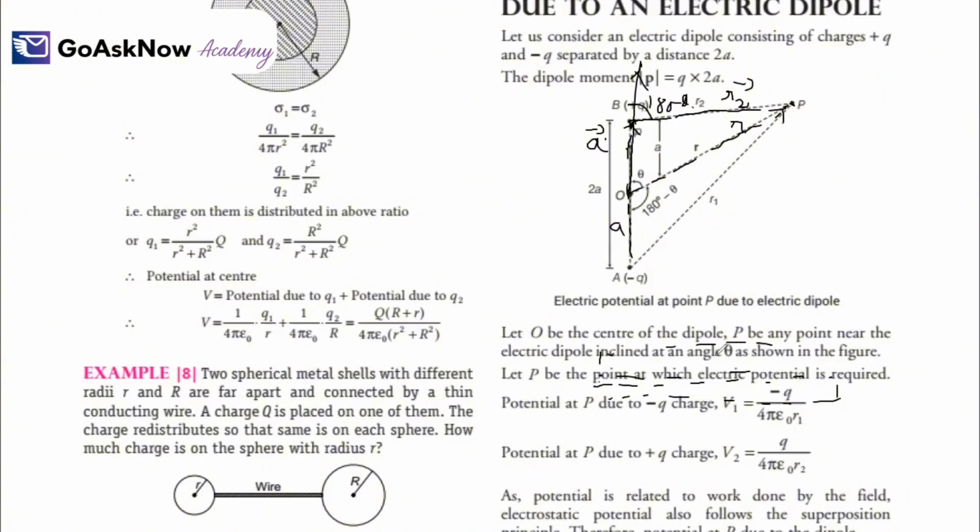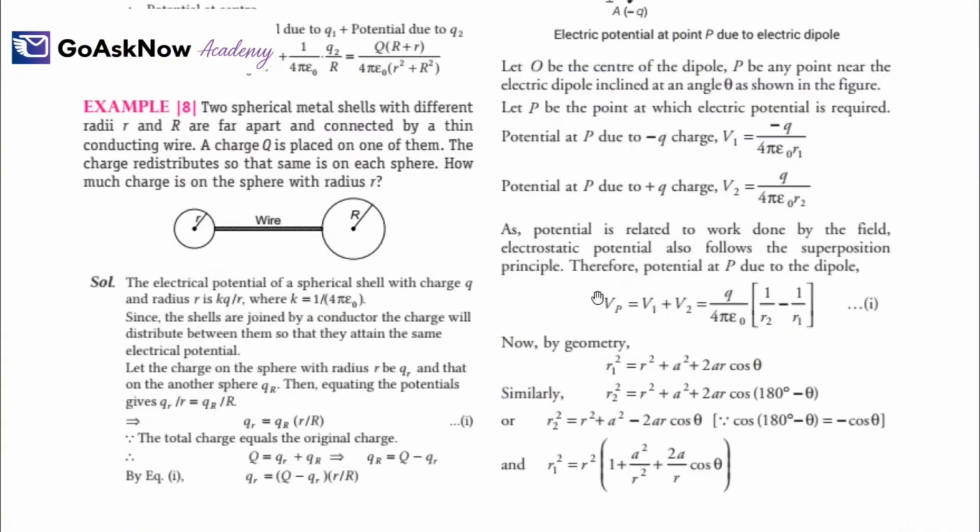After calculation of this vector part, you will get the equation R2 square is equal to R square plus A square minus 2AR cos theta, because cos of 180 minus theta is minus cos theta only. So R1 square is coming as R square into 1 plus A square by R square plus 2AR by R into cos theta.